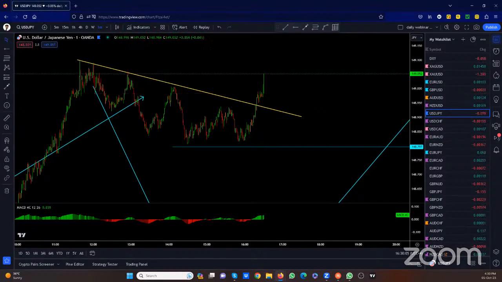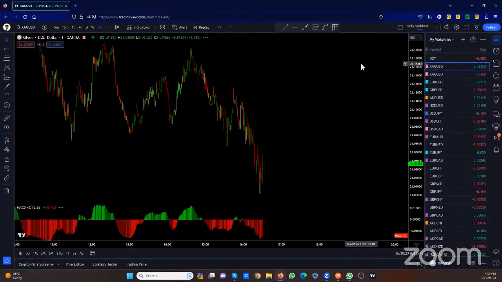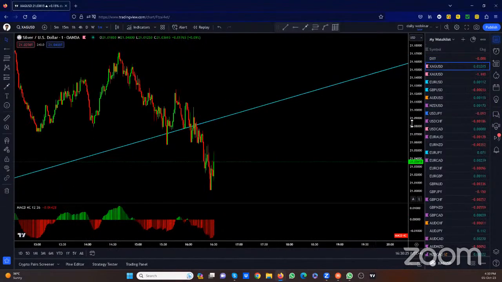Okay, there's a small reaction. That is not much of a reaction. And it's pulling back already. So let's see silver. Yep, nothing here.